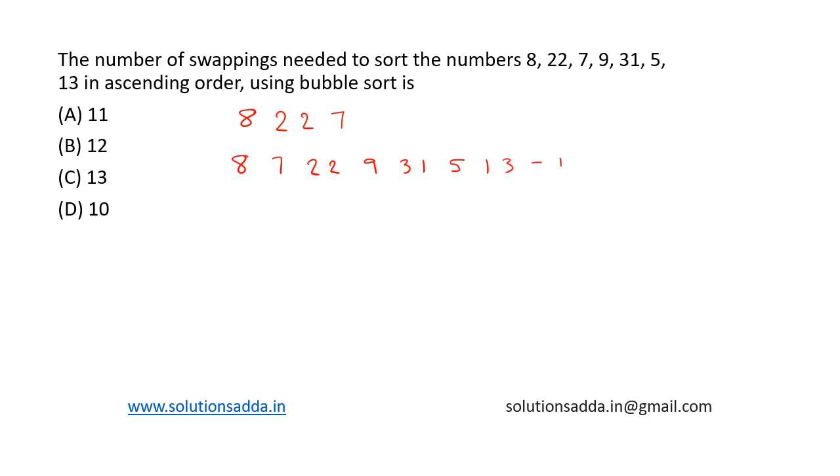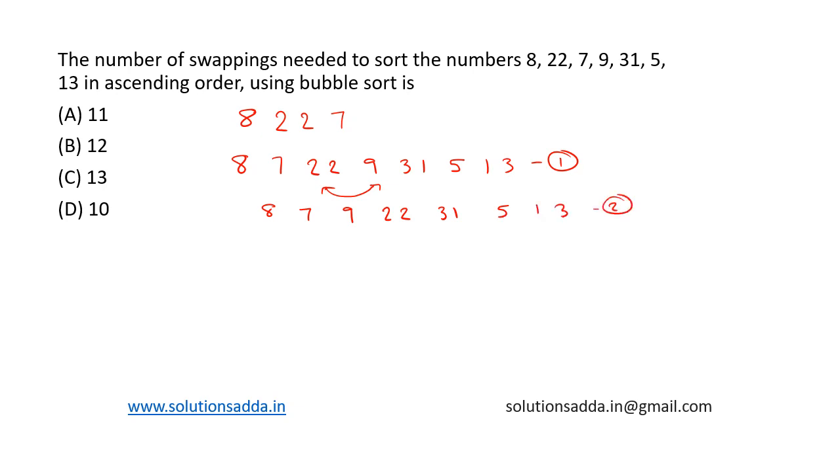So this is the first swap. This happens in the first iteration. As of now, we have reached 22. Now 22 and 9 get swapped. So what happens is we will have 8, 7, 9, 22, 31, 5 and 13. This is the second swap.